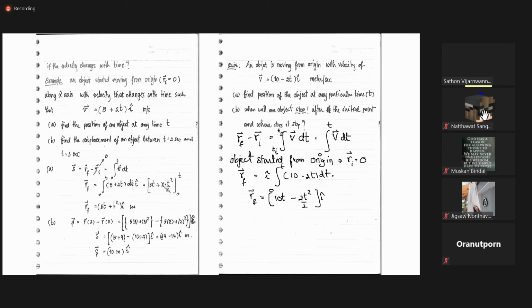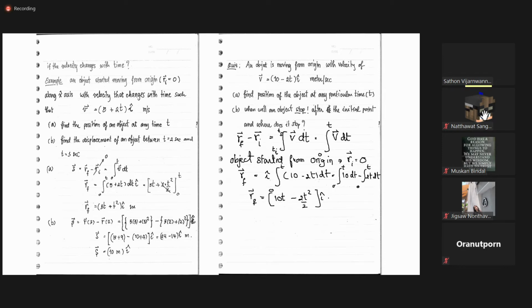To make it clearer, it is the integration of 10 dt from 0 to t minus the integration from 0 to t of 2t dt, two terms, and then you work it out.